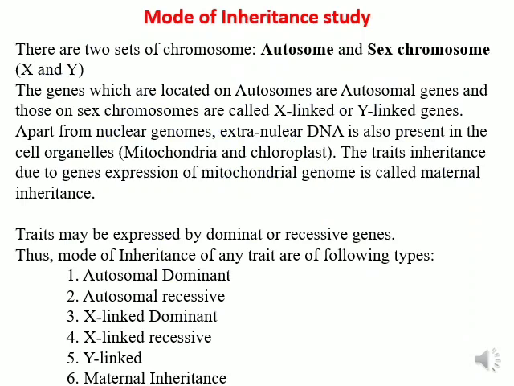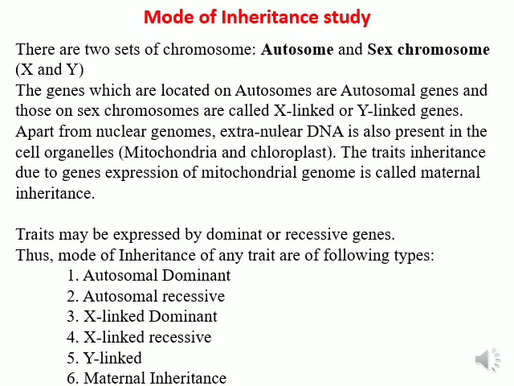Now, what is mode of inheritance? There are two sets of chromosomes in our body: 22 pairs are autosomes, and one pair of sex chromosomes, XX in female and XY in male. A number of mutant genes are present on autosomes and sex chromosomes, and these mutant genes give various types of genetic disorders that follow the Mendelian mode of inheritance.